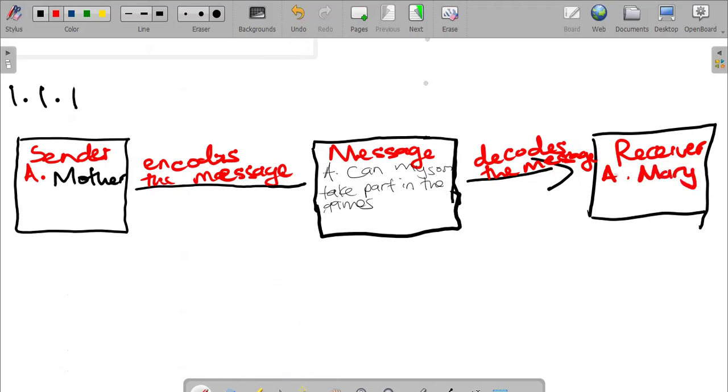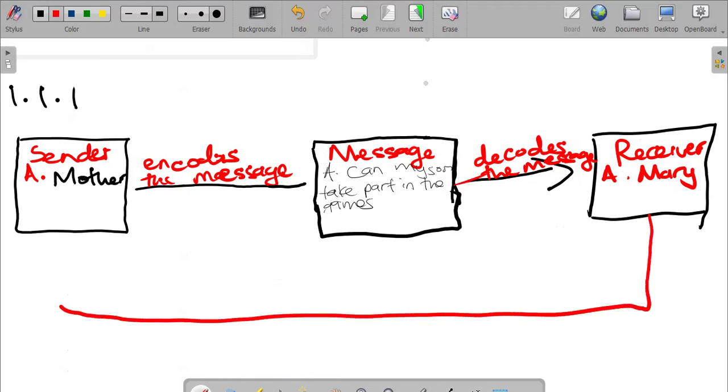And then the receiver is going to give feedback, which is very fast.